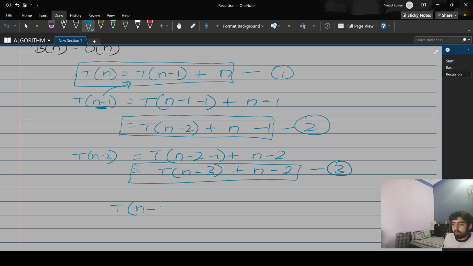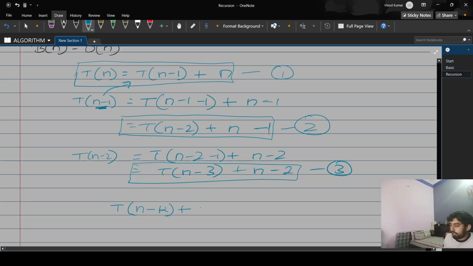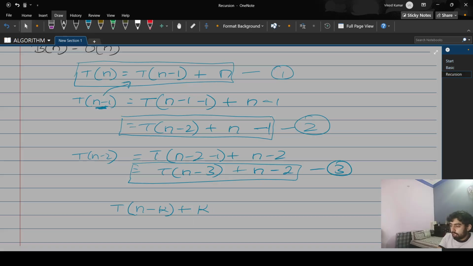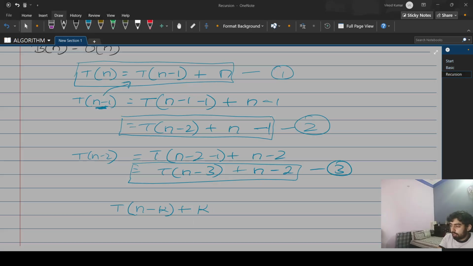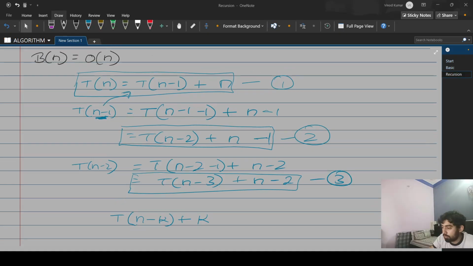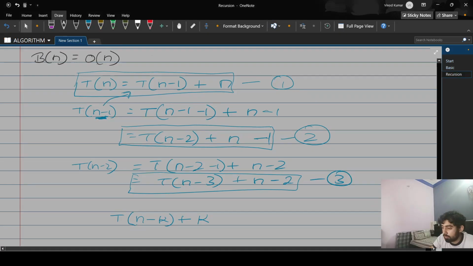If it's running for 3, we are getting 3. So here it will be n minus k plus k. So we have to find the common here.